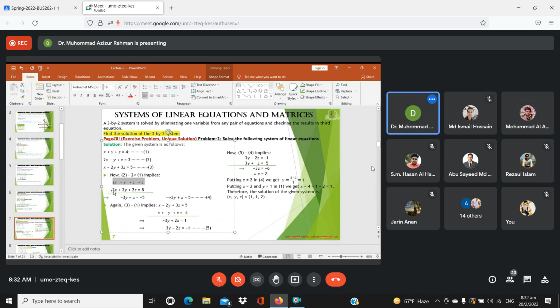Is this clear? Here is minus y, and if you subtract, then it should be minus 3y. And then you will get z minus 2z, that means minus z, equals 3 minus 8, that means minus 5.